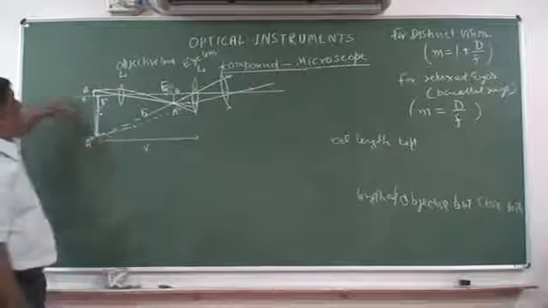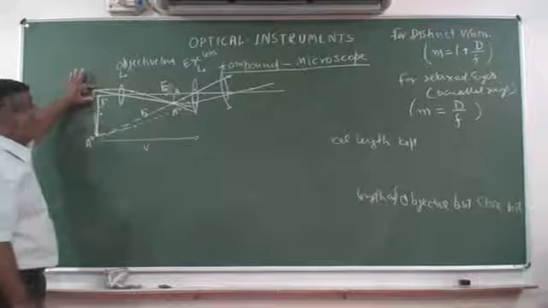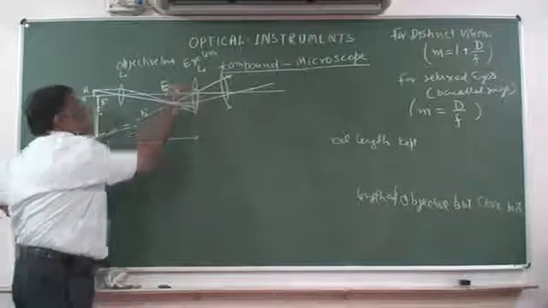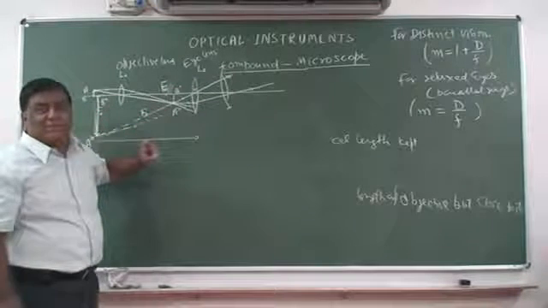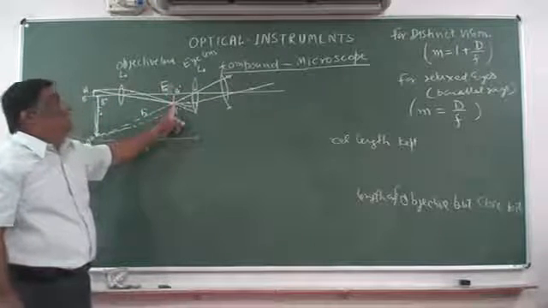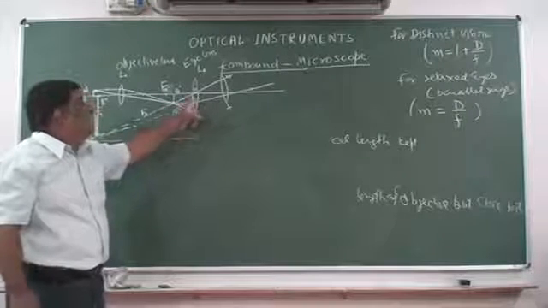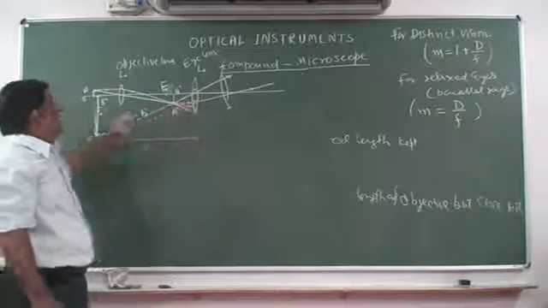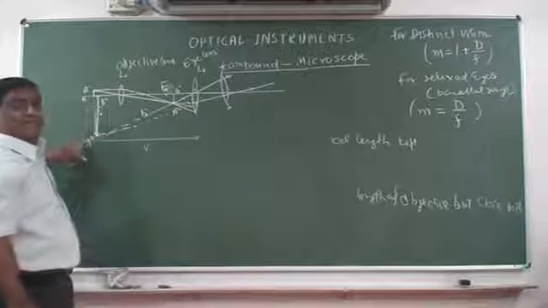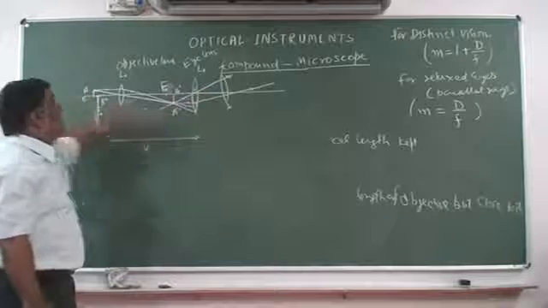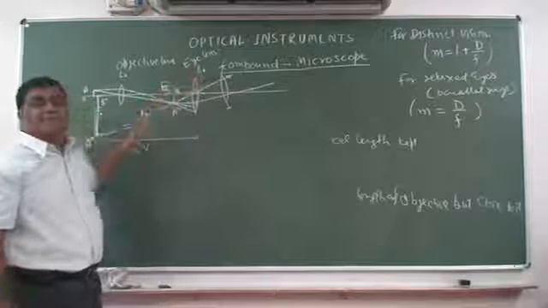Now see, for the first lens, AB is the object, A dash B dash is the image. It is a real image. This real image acts as object for the second lens, and for the second lens this is the object and this is the image made, and we see this second image through the eye lens.